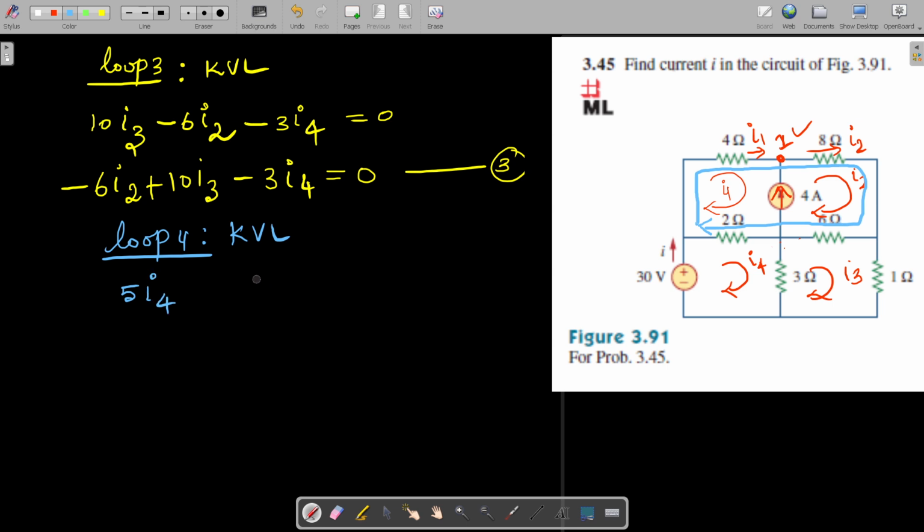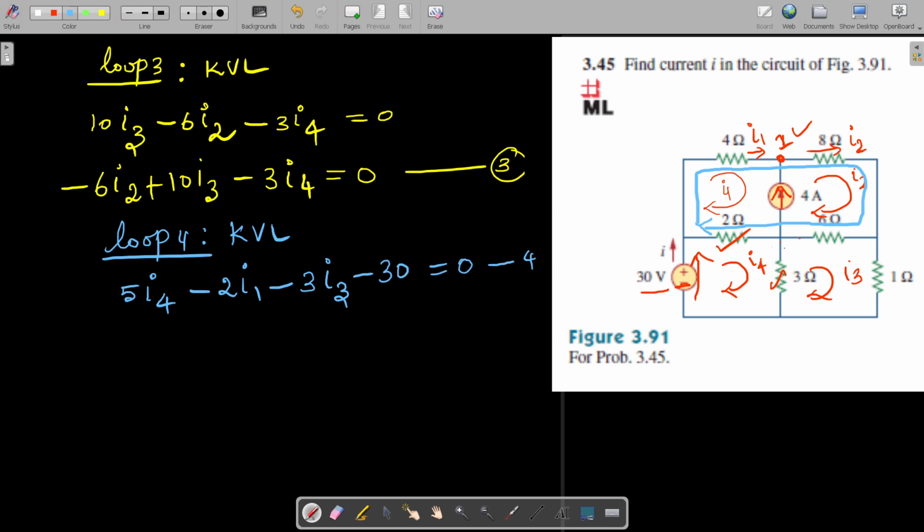The I4 current is flowing through these resistors, and this 2 ohm is common for first loop also, so we can write it as minus 2 I1, and this 3 ohm resistance is common for third loop also, so that we can write it as minus 3 I3. And when you look into this 30 volts voltage source, the current I4 is flowing in this direction, so we encounter this minus sign first, so it can be written as minus 30, so that is equal to 0.